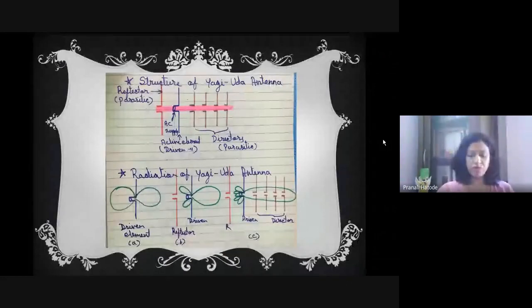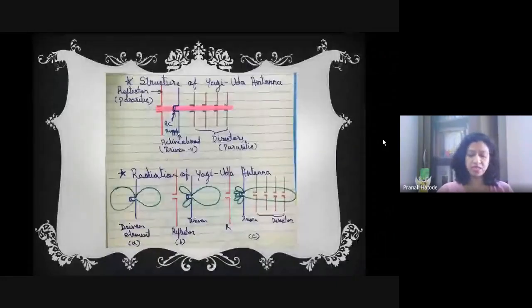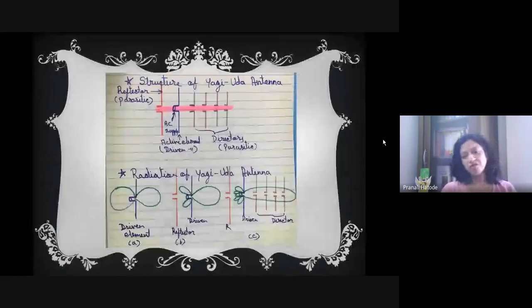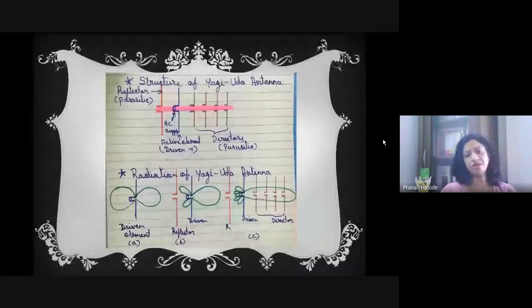So the radiation will be as shown in figure C. We can see the side lobe magnitude is decreased due to the directors and the beam gets narrow, and gain will increase in this case. So here you can identify the function of the director as the element to sharpen the beam.